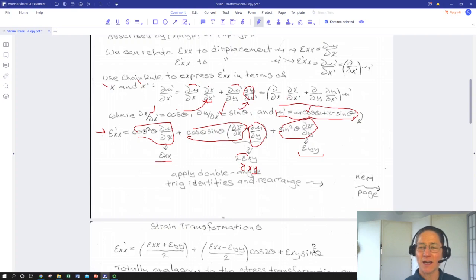So now we're going to collect terms and use our double angle formula, very similar to what we did when we derived the stress transformation relationship.